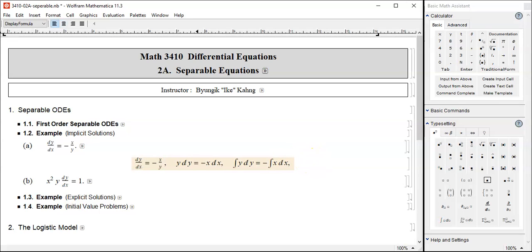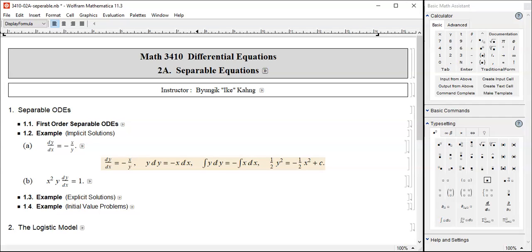All right. What's the antiderivative of y? 1/2 y squared. And that is equal to negative 1/2 x squared, and then we're going to need an integral constant c. So there goes an implicit solution, and you can stop there if you want to.